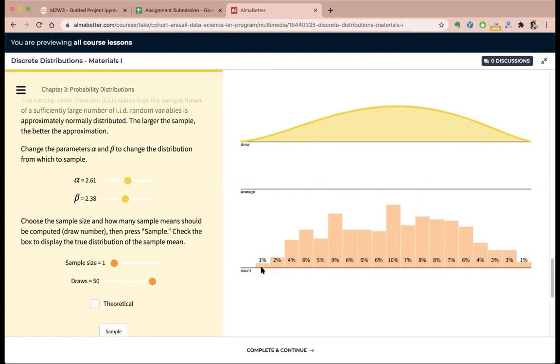You see 1%, 1%. Neither of the middle ones have 1% distribution.